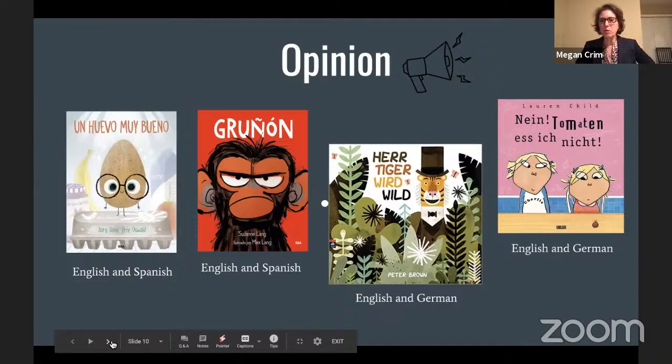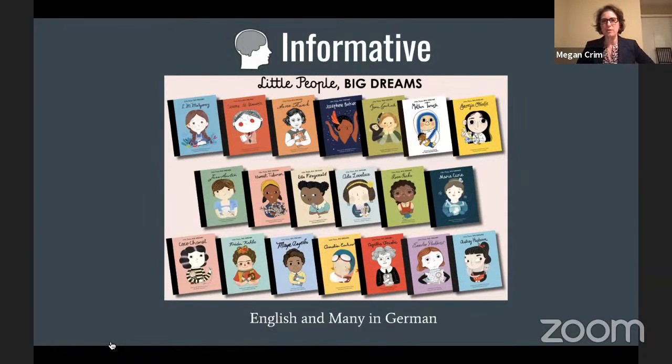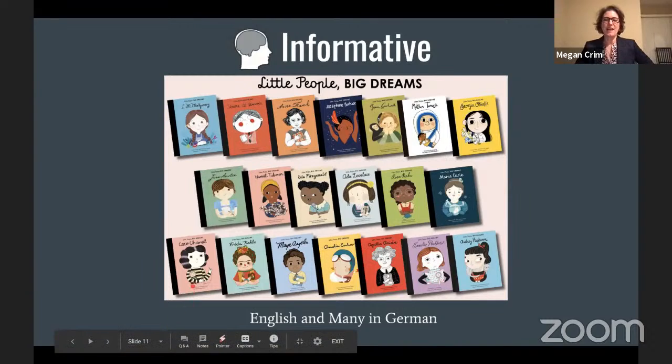If your home language is not English or German, if your home language is Spanish, and you're working on a concept, you really want to make sure you're solidifying these concepts in that home language. So reading, reading, reading. This is a wonderful series called Little People, Big Dreams. And this is about informative writing, nonfiction writing. And in our own library, we have these books in English and many in German.